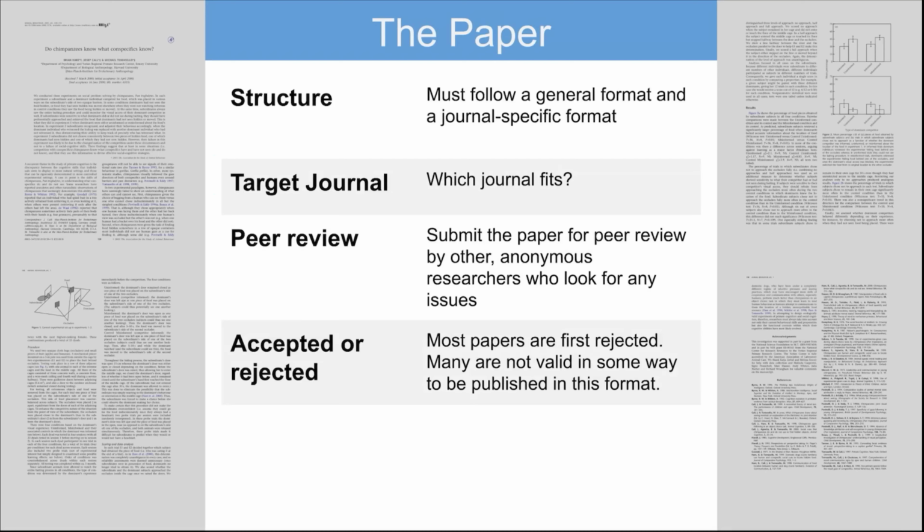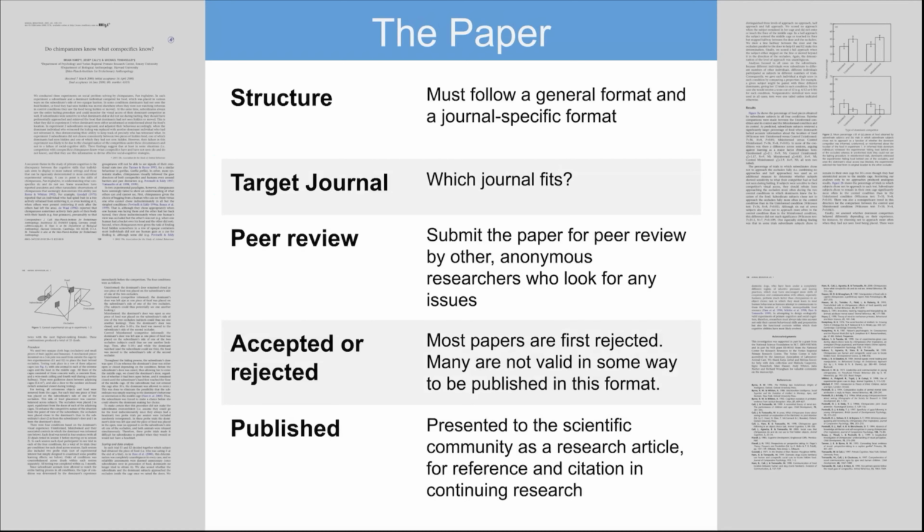Oftentimes it's rejected, and if it is accepted, it gets published, and then it's presented in these peer-reviewed journals as information that other scientists can access and use, and they can then kind of piggyback off your research and advance what you did and gather more insight and knowledge into the way that nature works.